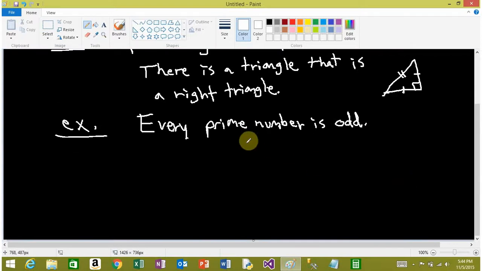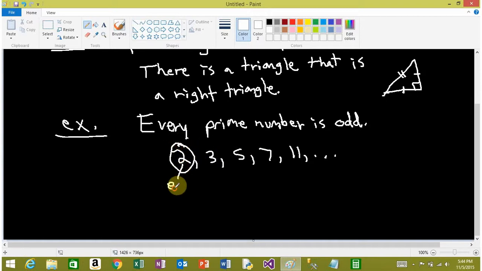But then once you go through your list of prime numbers, you do 2, 3, 5, 7, 11, etc. You can see that there's a prime number, the first one, 2, which is even. So you can see that 2 is a counterexample to the statement every prime number is odd. So we can see that statement's false because the first prime is even.